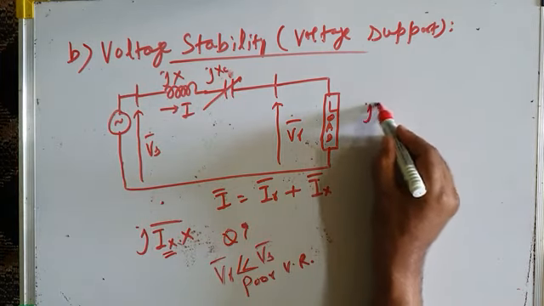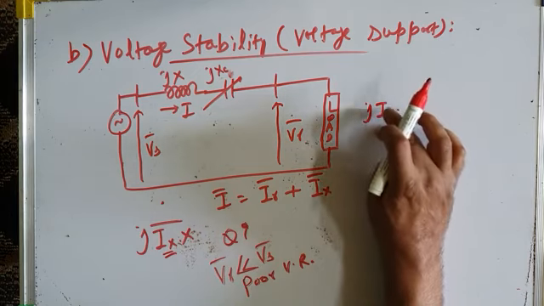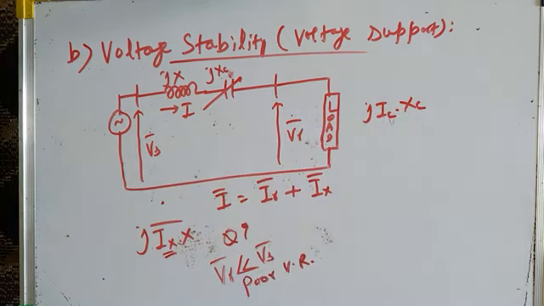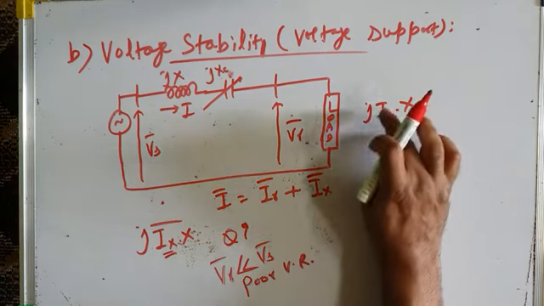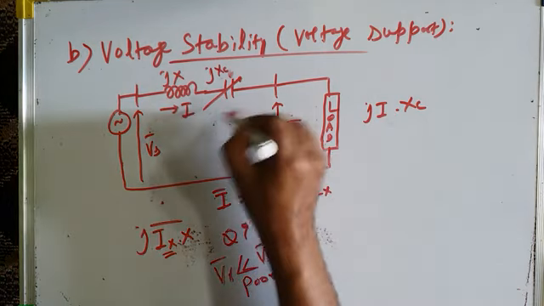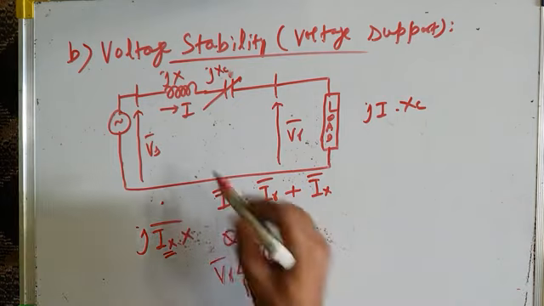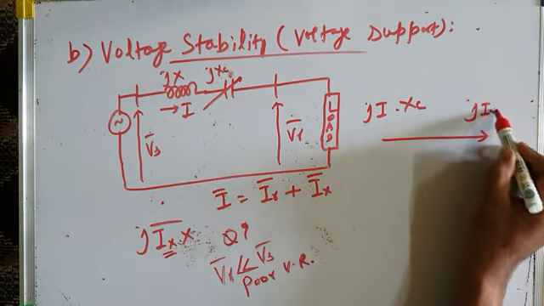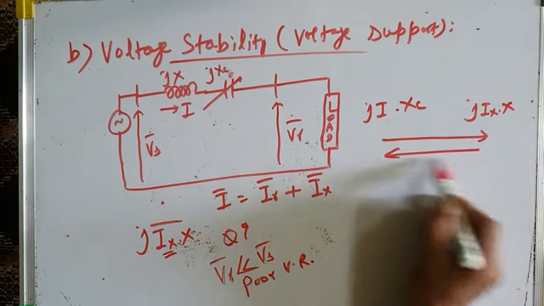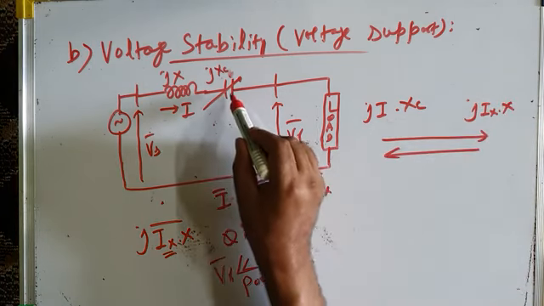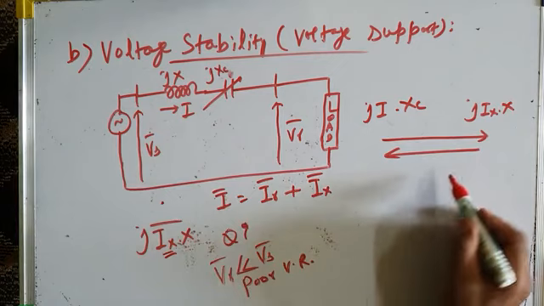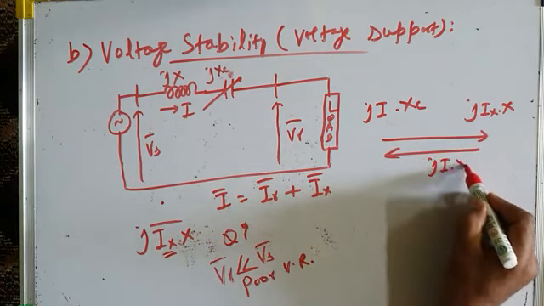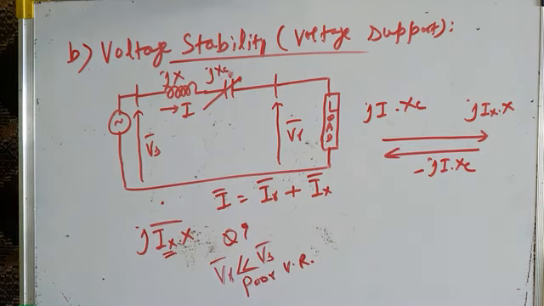That will be jI into XC, where XC is the capacitive reactance. If this is the reactive voltage drop jIX, you can make the capacitive voltage drop equal and opposite to it. This will be minus jI into XC.